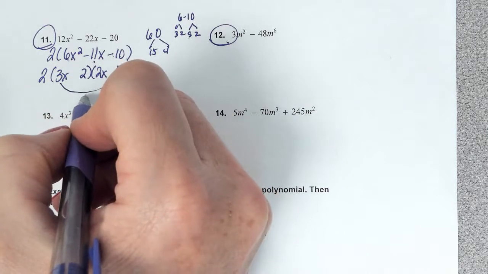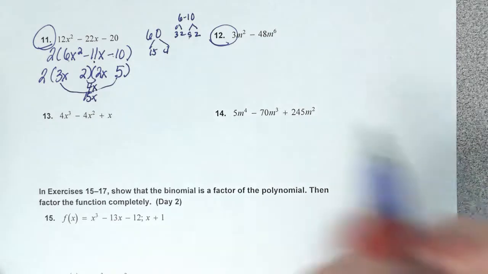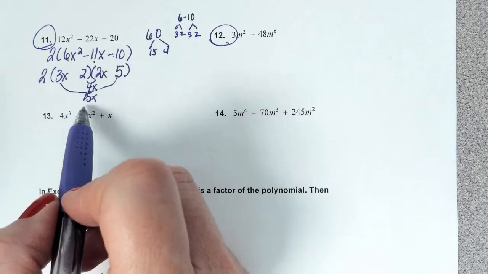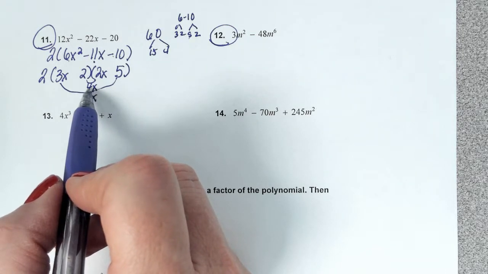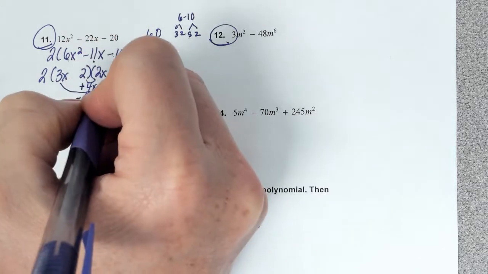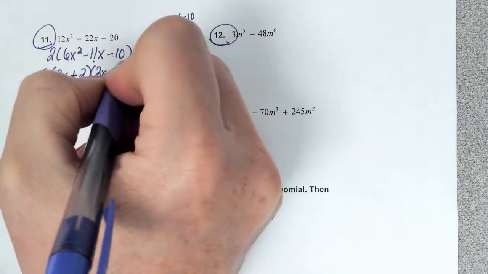Look what I get. That 15x. I check the inners, 4x. What do I want the signs to be to get the negative 11? Which one needs to be negative, the 15 or the 4? So the 15 needs to be negative, the 4 needs to be positive. So this is where the 4 came from, this is where the 15 came from.